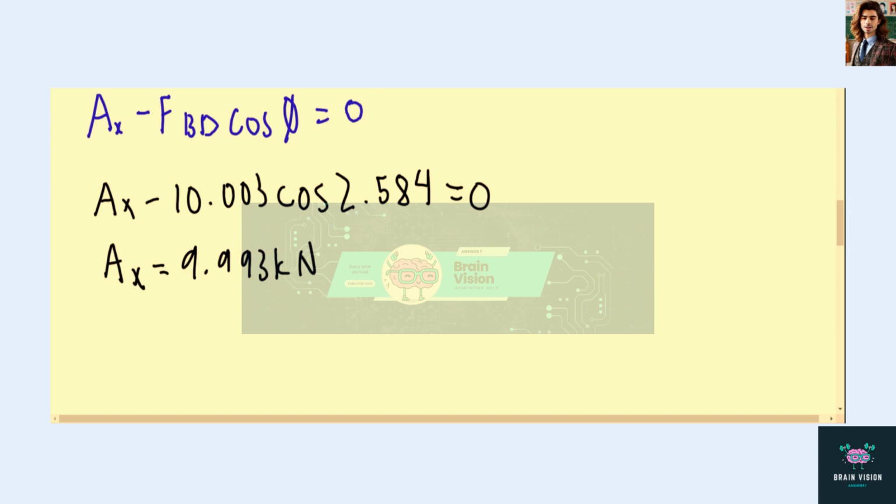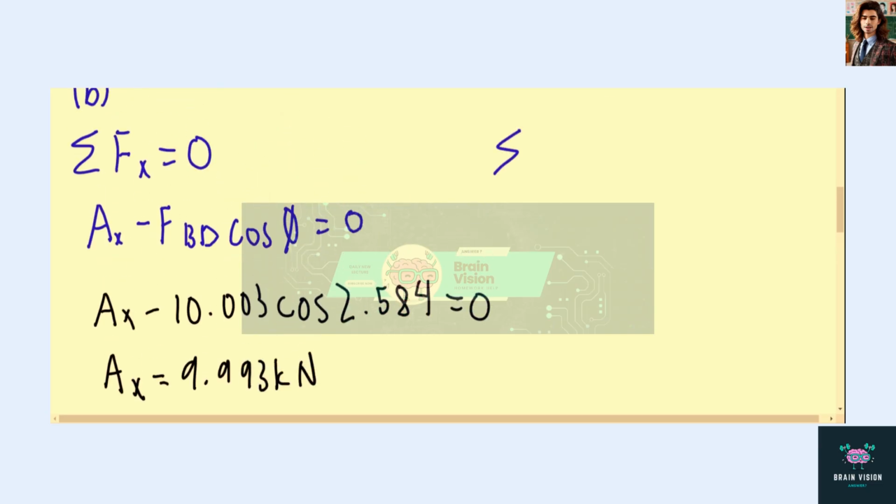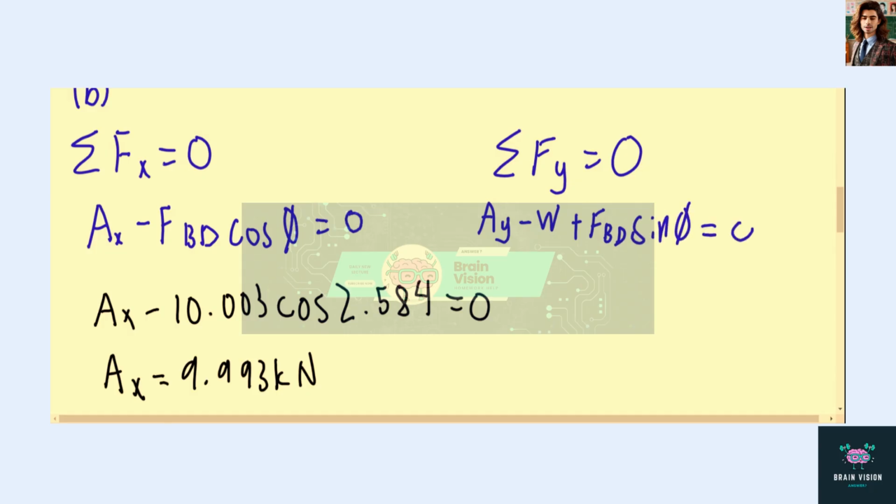We now take the sum of forces in the y direction, which is equal to 0. We can write that as A of y minus W plus F of BD times the sine of phi is equal to 0. We know W, F of BD, and phi.